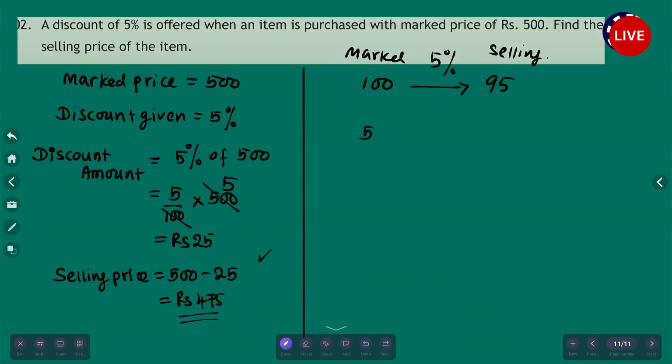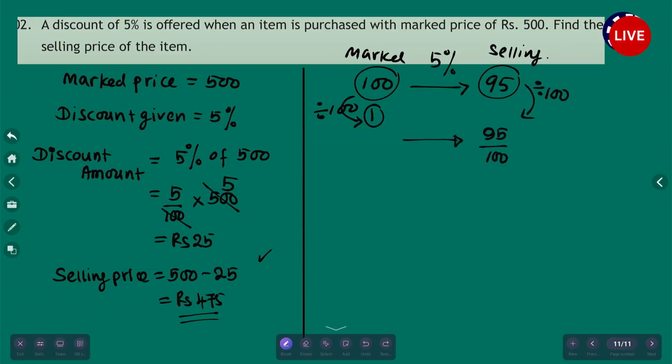If you consider the marked price as 1 unit, how are you going to get the selling price? 100 divided by 100 gives you 1. So we have to do the same thing to the right hand side of this relationship as well. If you divide 100 by 100, you get 1. Let's divide 95 by 100. You will be getting 95 over 100.